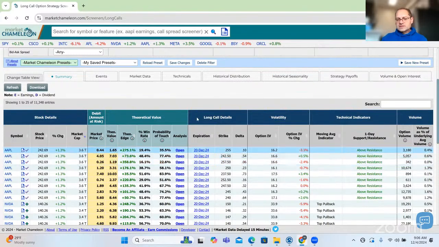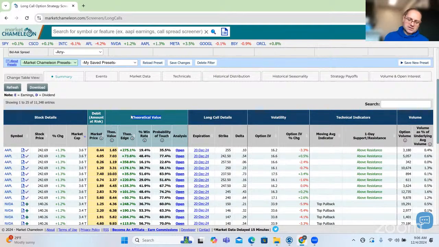So let's come over here and look at some of the other analytics to help us narrow things down, analyze it, and give us a sense of how expensive this option is, how cheap it is, how much it is in line with historical benchmarks.